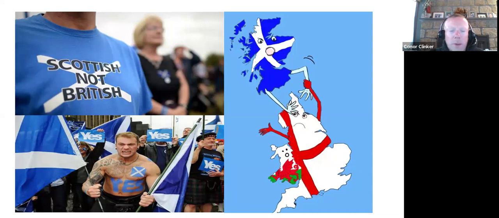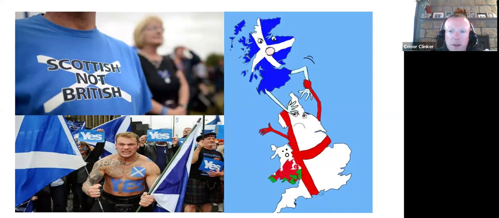And so you can see the images here, that shirt, "Scottish, not British." So that's a Scottish nationalist saying, we don't want to be joined with England and Wales and Ireland. We want Scotland to be its own separate thing. We don't consider ourselves British, we're Scottish. And the guy in the bottom here, he's fired up, he voted.